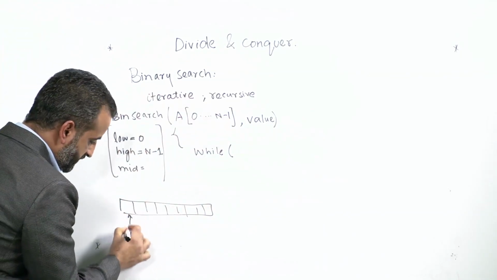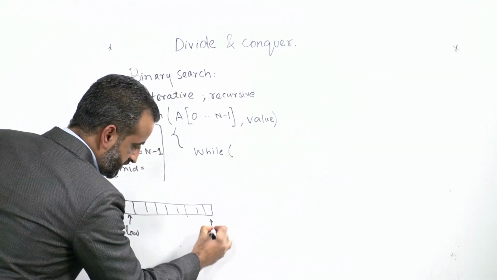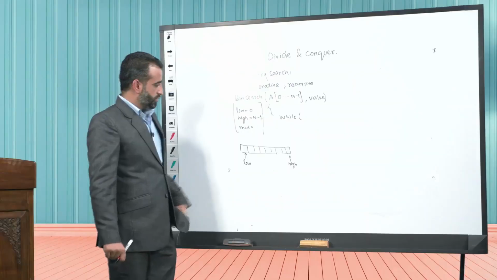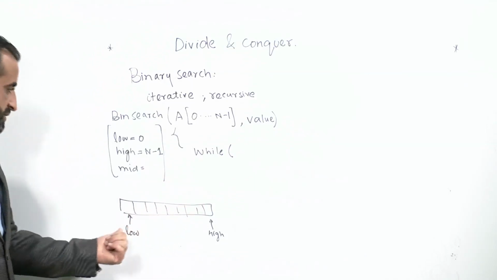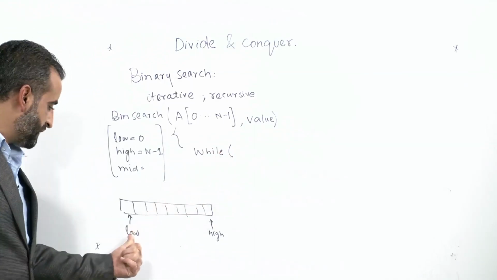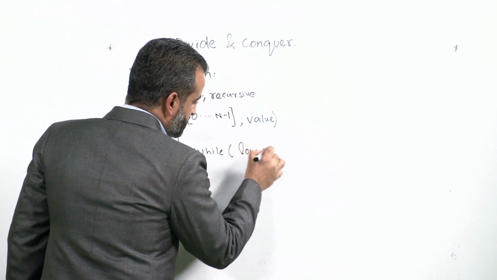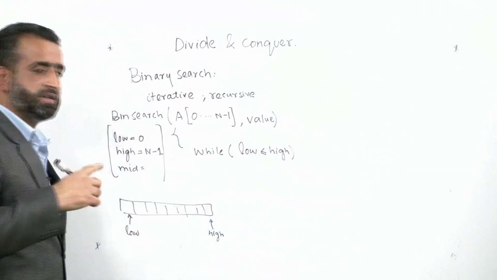Low is pointing towards the first element. That's where the 0 comes from. And my high is pointing towards the last element of the array. Once I start traversing, I'll keep track of the elements that I've traversed by keeping them in the loop, comparing low with the high. So as long as my low is less than or equal to high, I'll keep performing these operations.